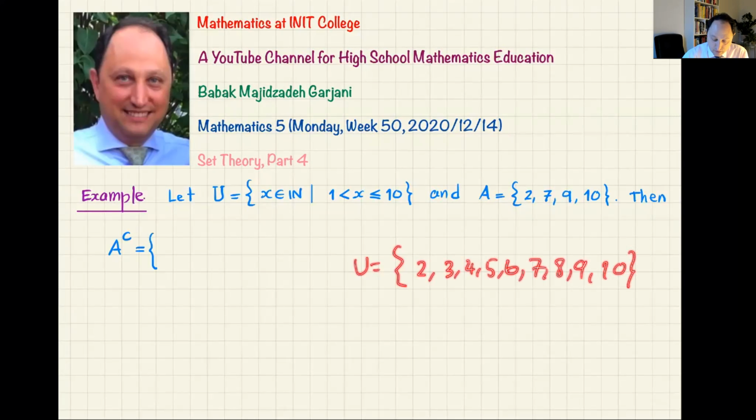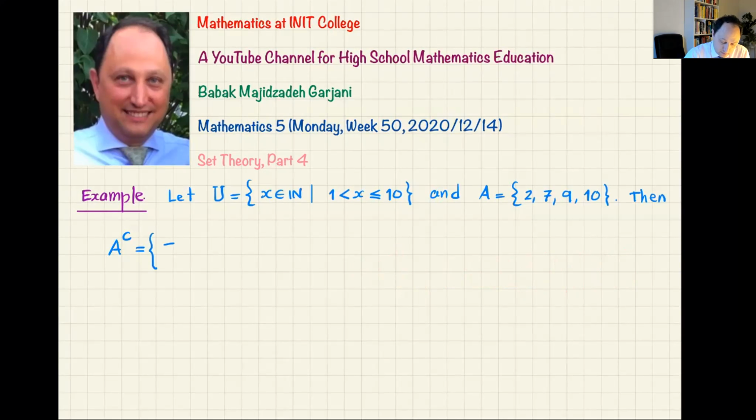I need to cross 2 away because 2 belongs to my set. I will take 7 away, I will take 9 away, and I will take 10 away. So what is left is 3, 4, 5, 6, and 8. So this is the complement of my set. Is that clear?